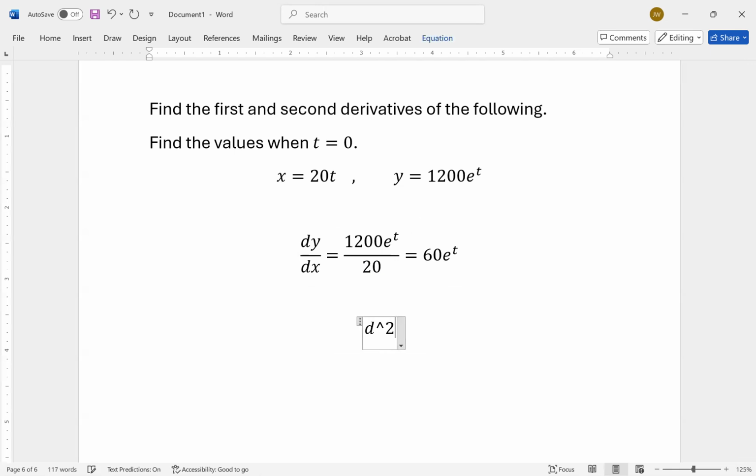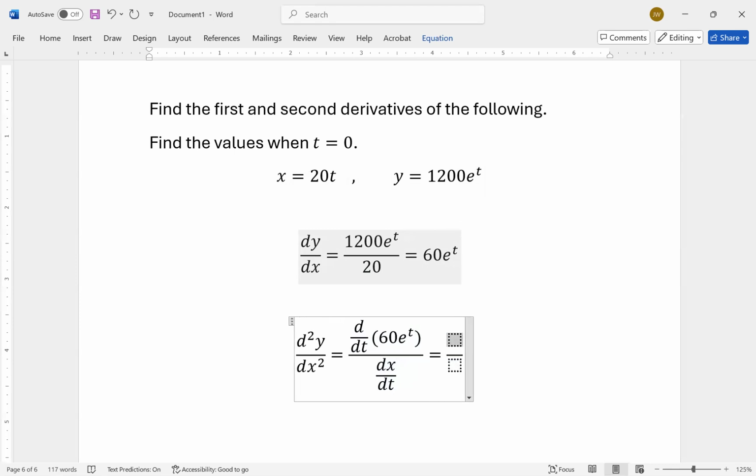The second derivative of y with respect to x is going to be, again, I'll write the steps. I take the derivative with respect to t of, in this case, 60 e to the t power, and then the derivative with respect to t of the x function, I'll just call that dx dt.